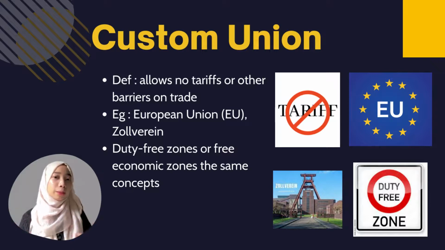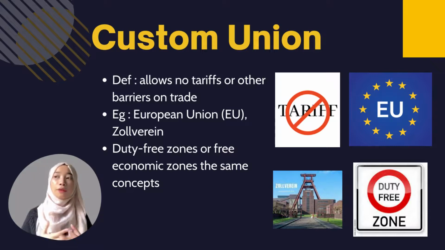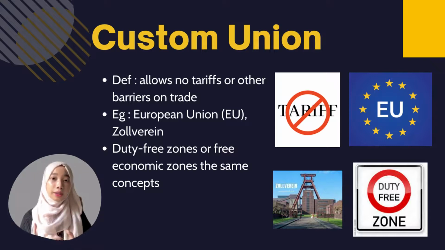The most famous example is the European Union, EU, or European Common Market, formed in 1957 by West Germany, France, Italy, Belgium, the Netherlands, and Luxembourg. Another example is the Zollverein, established in 1834 by a large number of sovereign German states, which proved significant in Bismarck's unification of Germany in 1870.